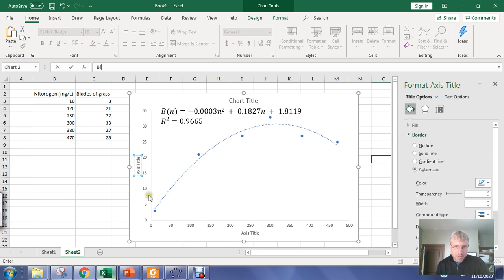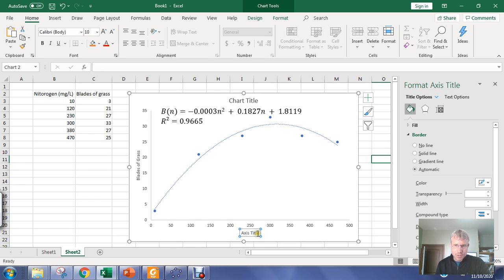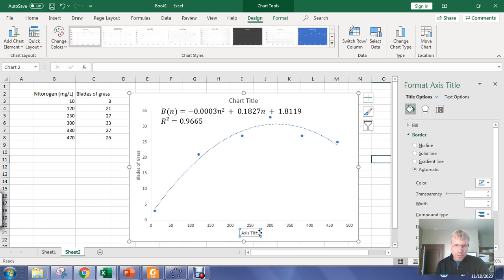Blades of grass is my output, and my input is going to be nitrogen. Nitrogen in milligrams per liter.